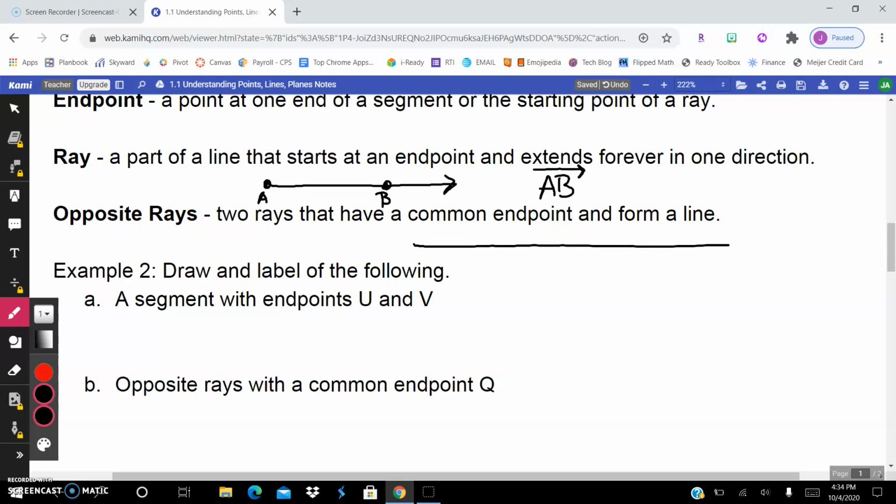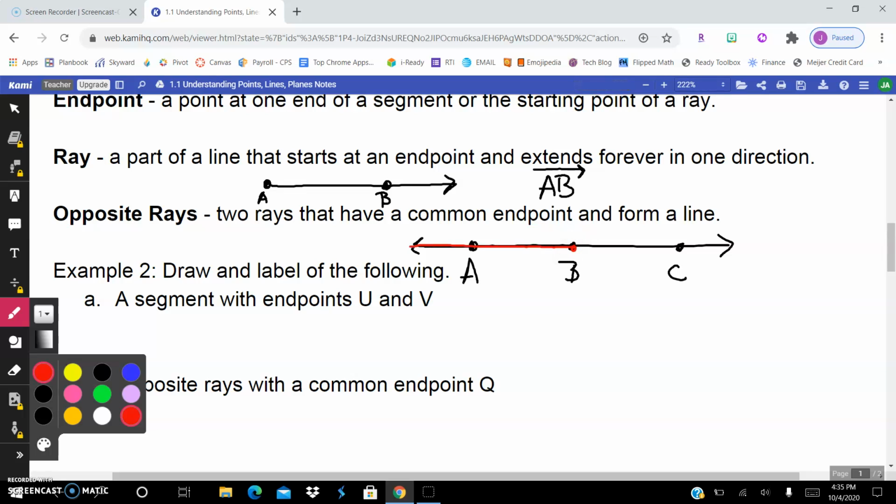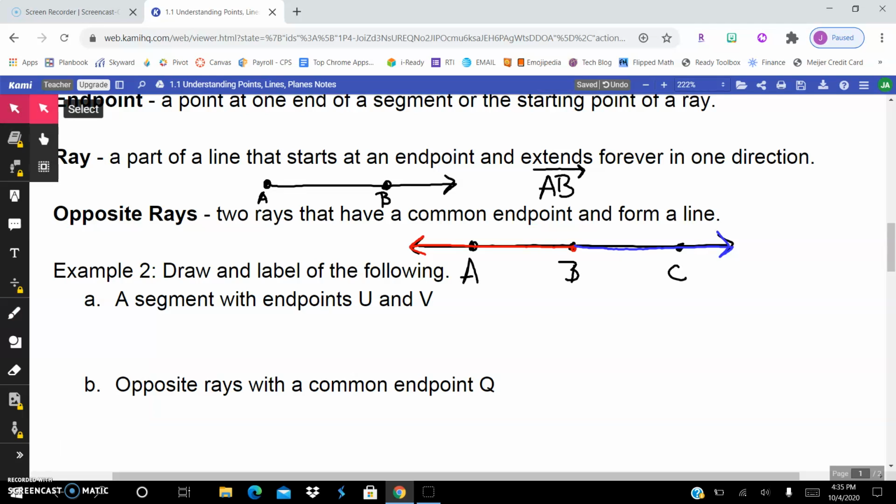So a visual for that would be a line with 3 points on it. And we'll call them A, B, and C. So we have ray BA, and then we have ray BC. So they share the endpoint B, but there's a ray in both directions.